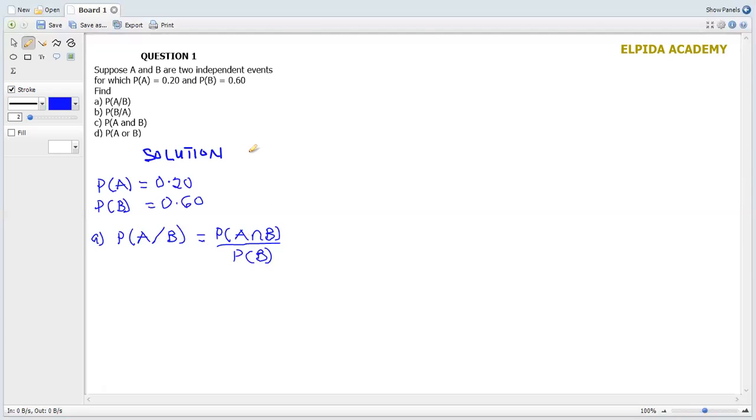So how do we even find the probability of A intersection B? It wasn't given here, but we know that for independent events, as has been stated, A and B are two independent events. That's the key word here.